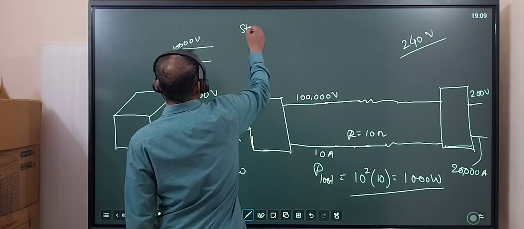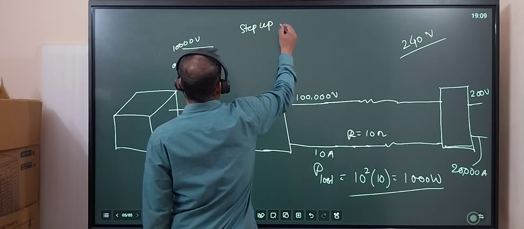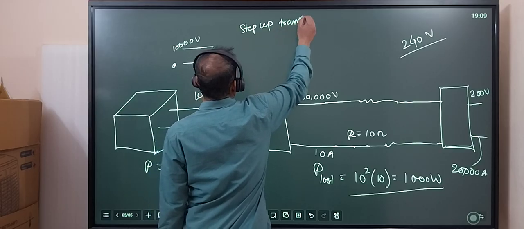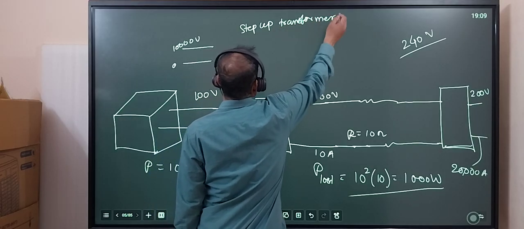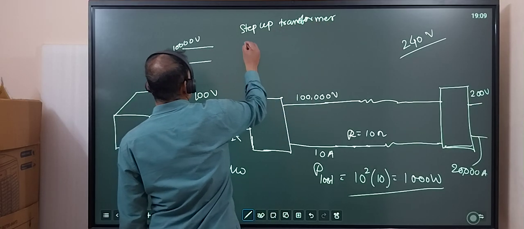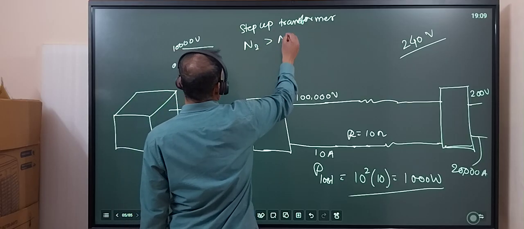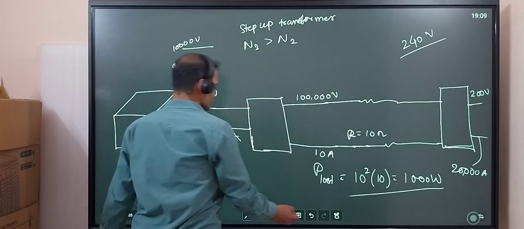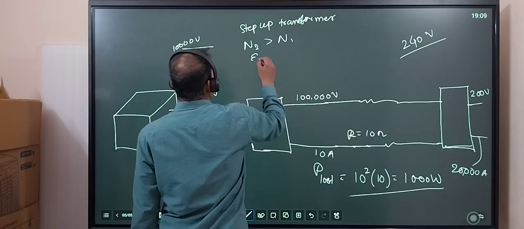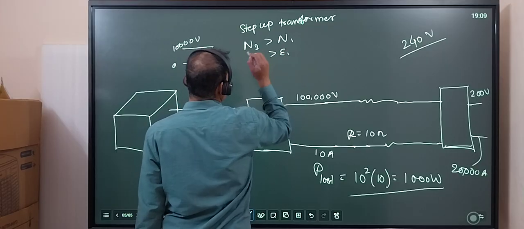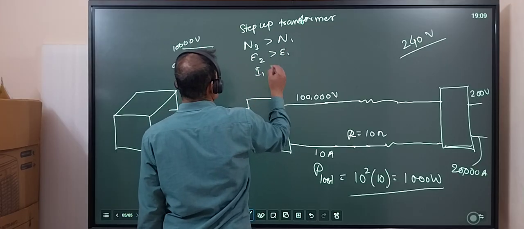So we talked about stepping up and stepping down. What will happen in a step up transformer? N2 will be greater than N1, so E2 will be greater than E1, but current will be less.